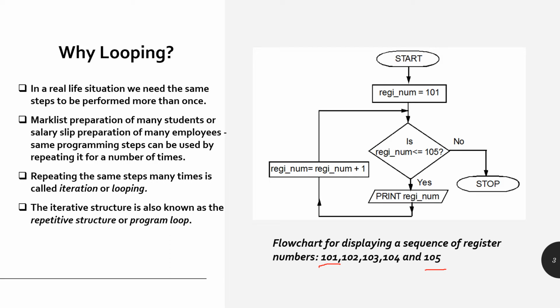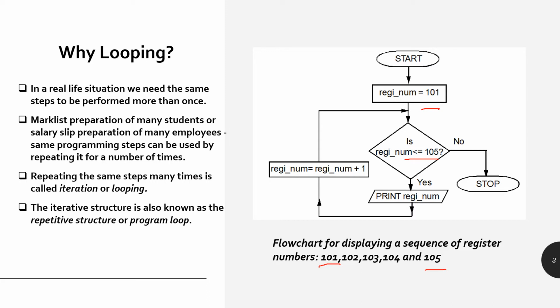That should be avoided. For example, in this case, the initialization step: from which number it should start. It should start from 101. The next thing is the condition, when it should stop. That is, while the given register number is less than or equal to 105. That is what is mentioned here.